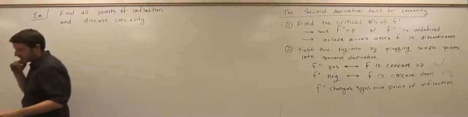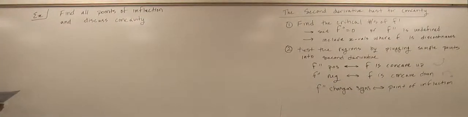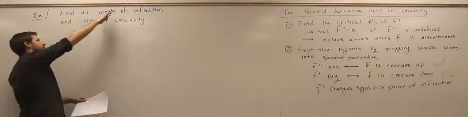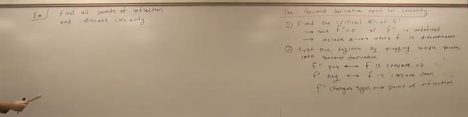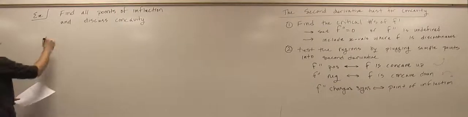Points of inflection and concavity always have to do with the second derivative. So if you're asked for either one, a point of inflection or concavity, you know you're dealing with the second derivative.